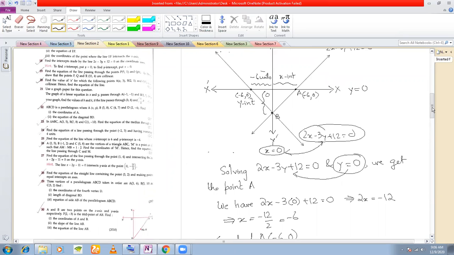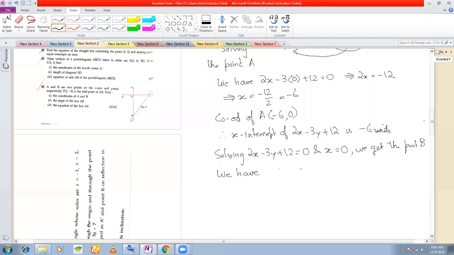How do you solve these two equations? Put x is equal to 0 here. 2 into 0 minus 3y plus 12 is equal to 0. So you get minus 3y is equal to minus 12. That means y is equal to minus 12 by minus 3, so y is equal to 4.